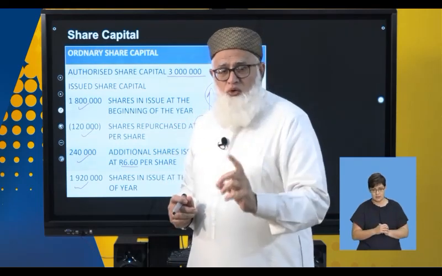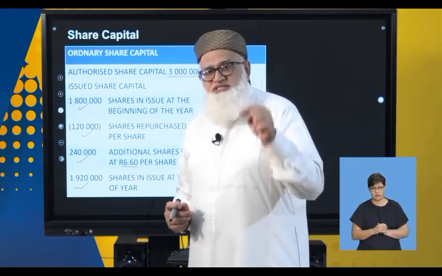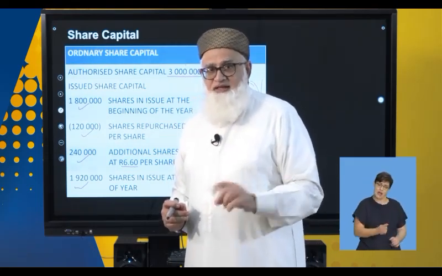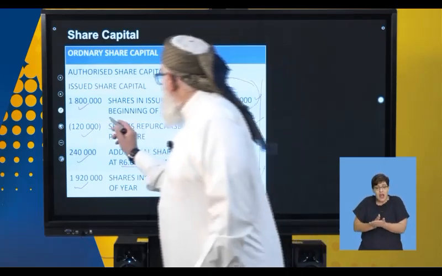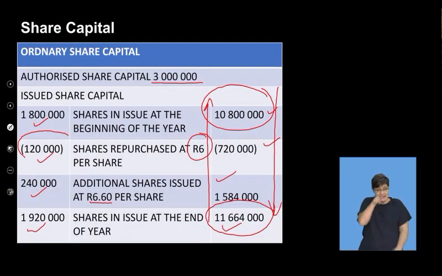Now, because the question specifically mentioned that the shares that were repurchased did not qualify for the final dividend, in other words, which shares here will qualify for the final dividend? The 1,920,000, because you've already removed the 120,000 shares because they did not qualify for a dividend.